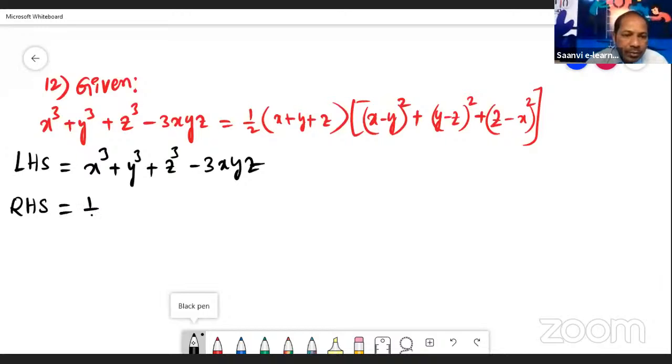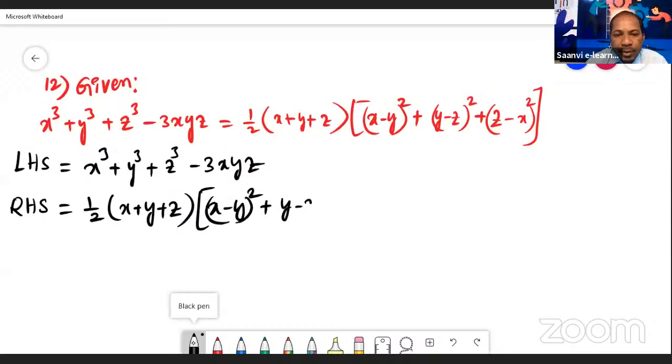RHS, what is given? 1 by 2 into (x plus y plus z) and (x minus y) whole square plus (y minus z) whole square plus (z minus x) whole square. So this is RHS. Okay.